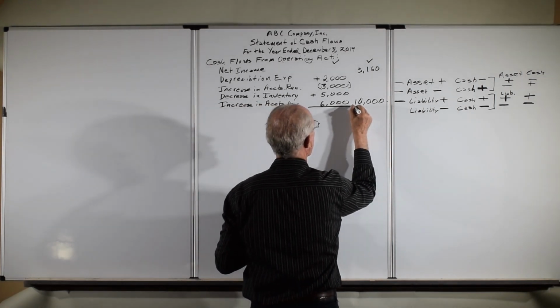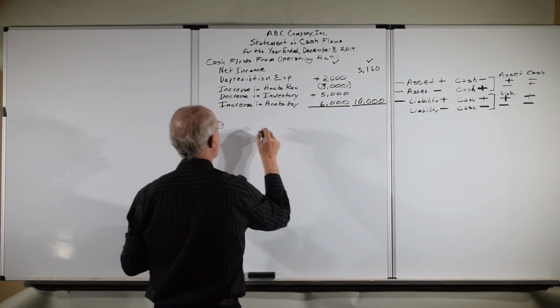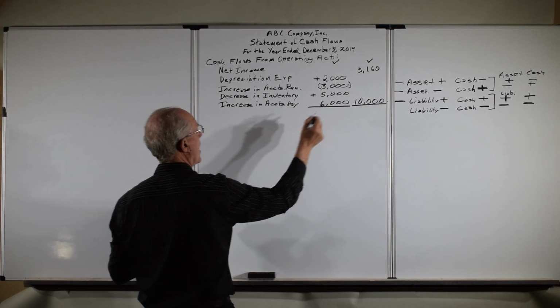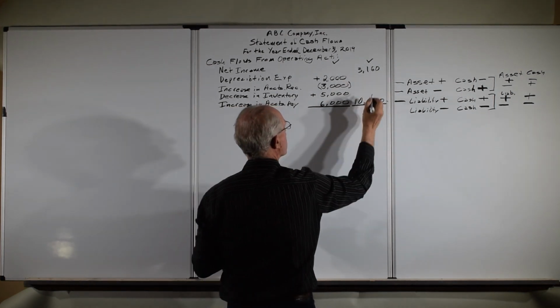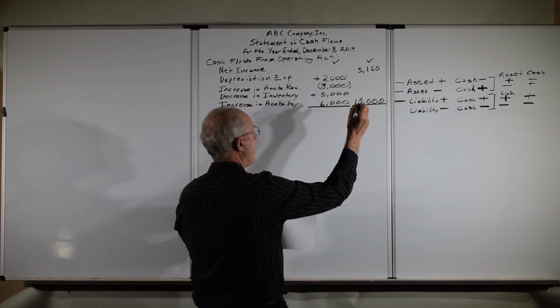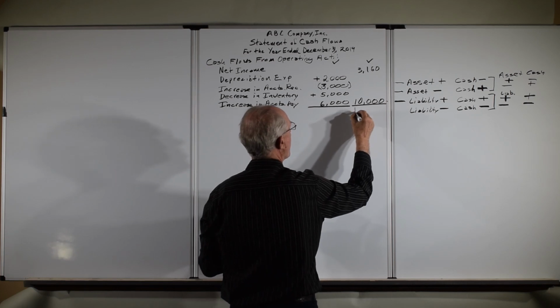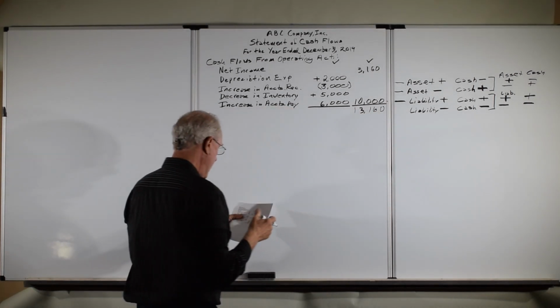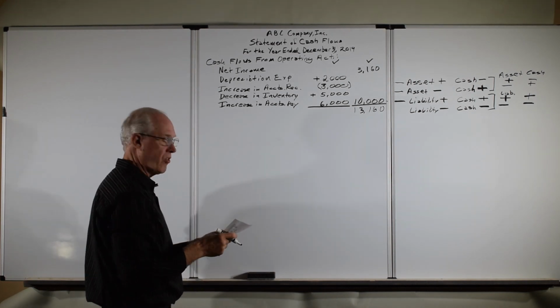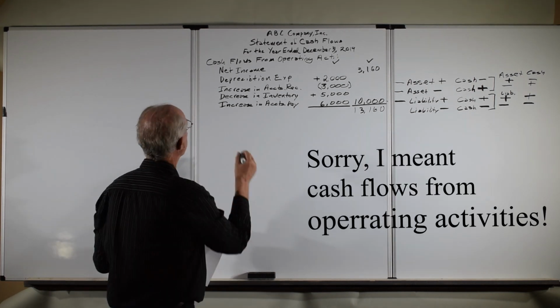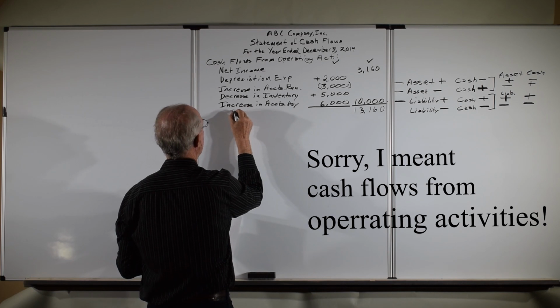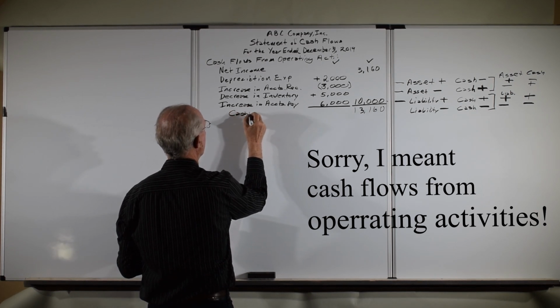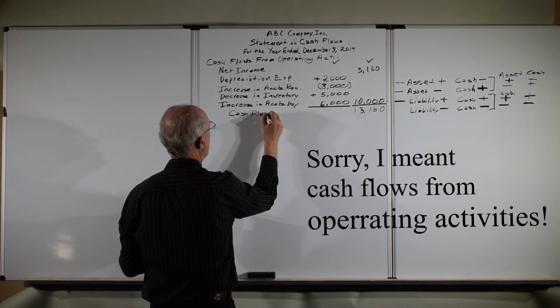So I'm going to put another line here. And once I add it together, this is a positive number. So we have $13,160, and that is the cash flows from operating activities.